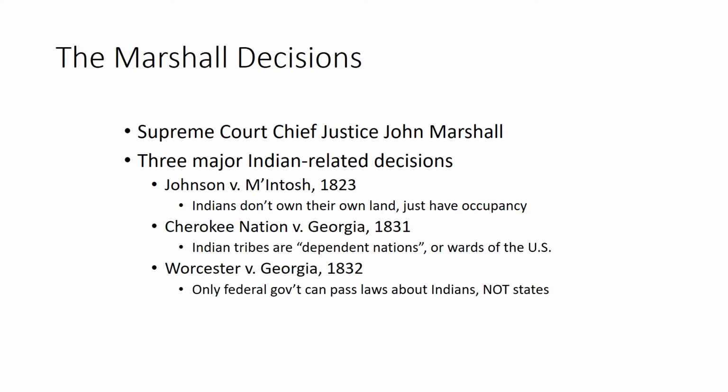McIntosh had bought a lot right there where the Johnson family was, and this led to this court case because McIntosh was saying, I bought this land from the federal government. And then here's these other people claiming they own it. The Johnsons claim, well, we bought this land 50 years ago from the Indians.